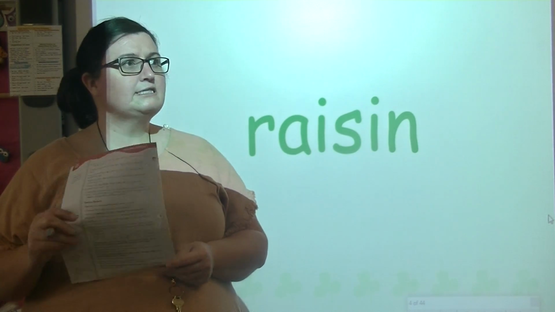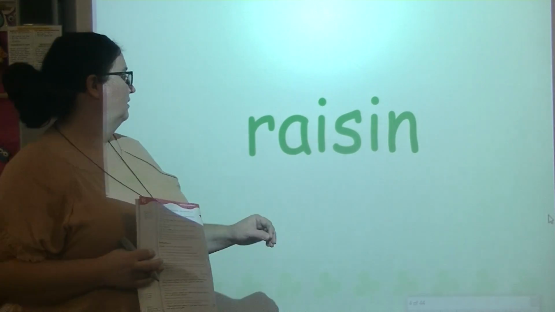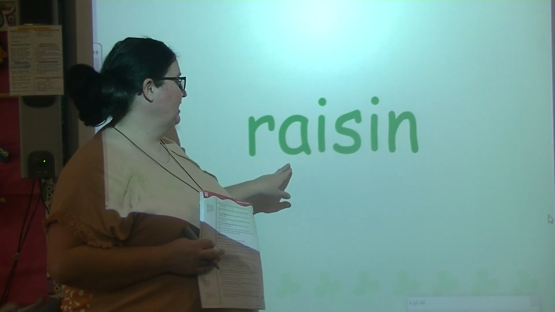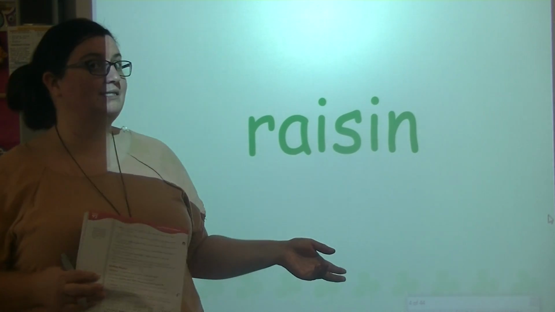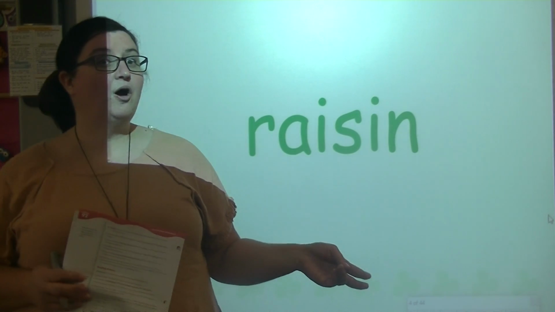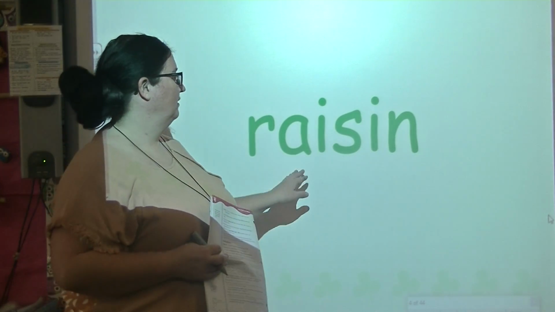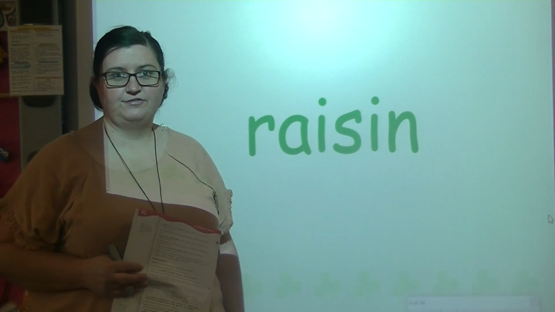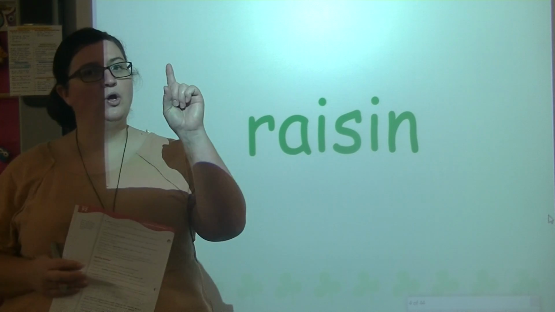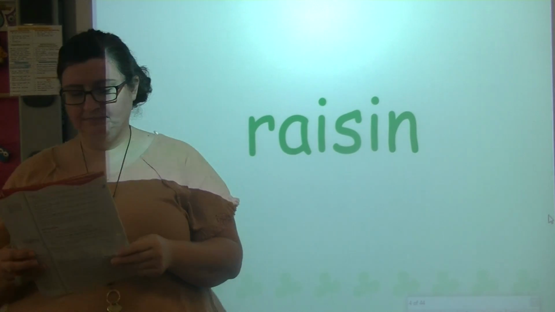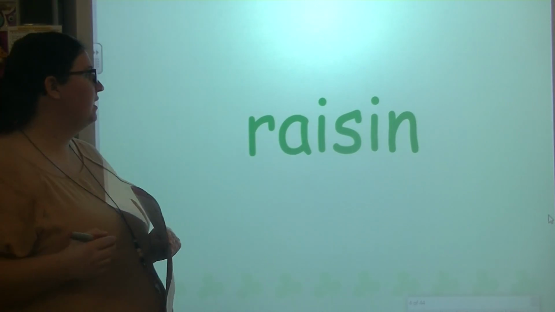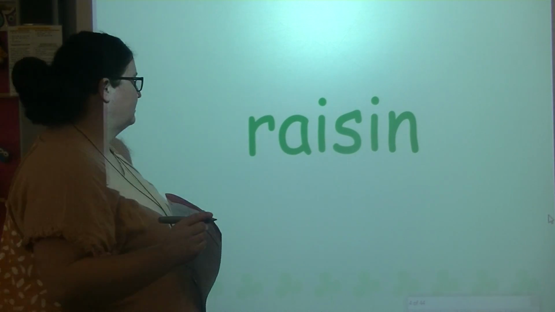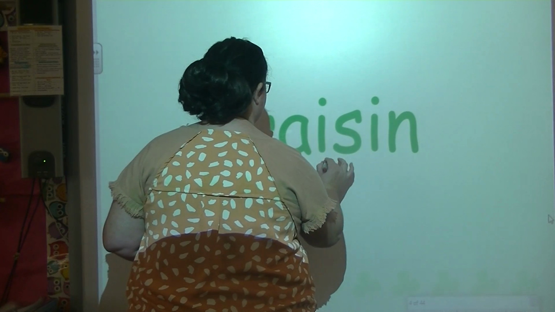All right, now let's look. These two vowels are not making separate sounds. They're part of a digraph. So they're actually part of one sound, right? So how should I code them? Underline them. So AI is actually one sound, right?